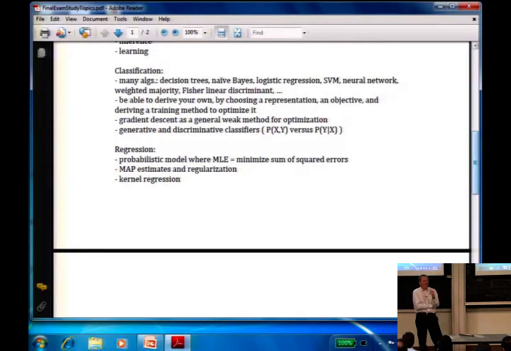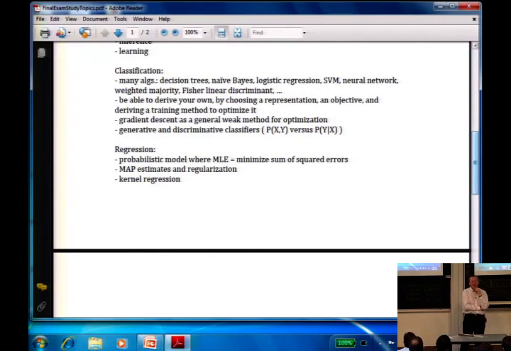And then we talked about, why might you want to do one versus the other? If you have a lot of data, maybe logistic regression. If you have a little bit of data, maybe naive Bayes, because it's making these conditional independence assumptions which allow it to converge more quickly on the estimates of its parameters.